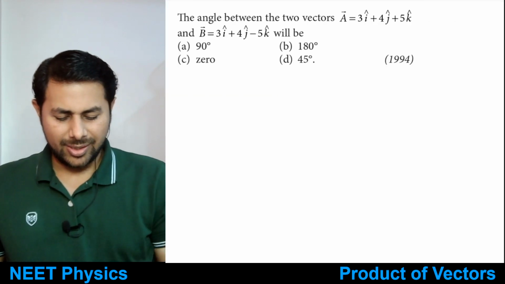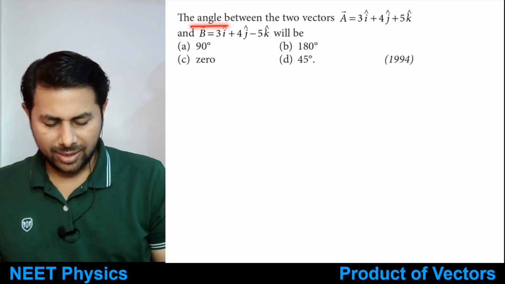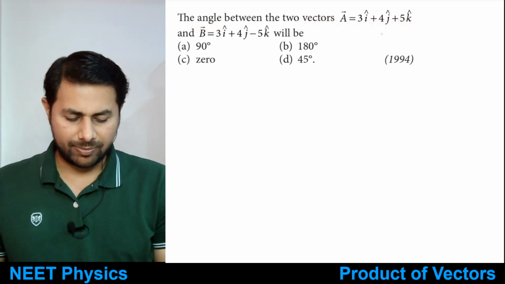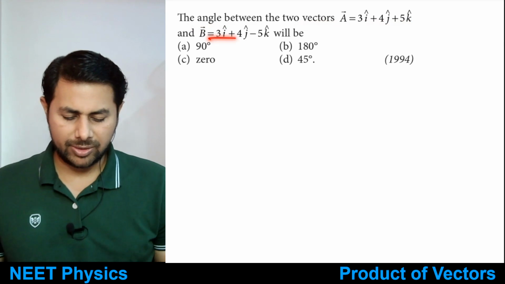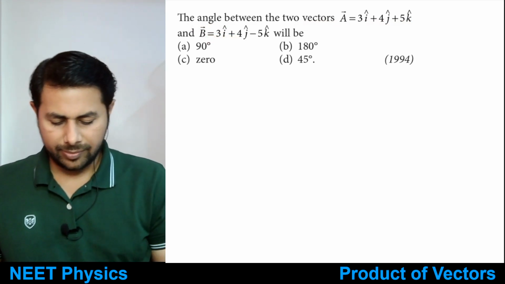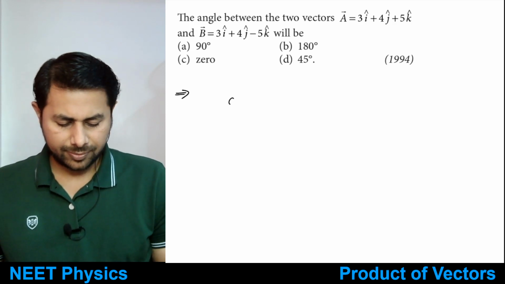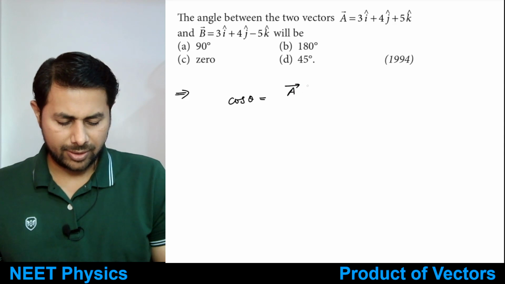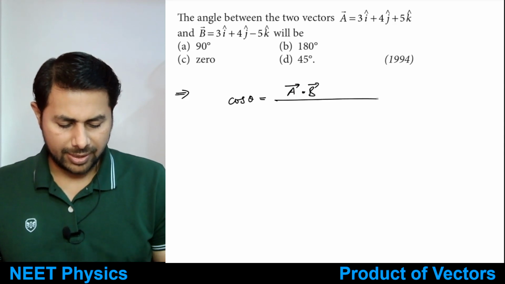Okay, so let's see angle between two vectors. a bar is equal to 3i cap plus 4j cap plus 5k cap and b bar is equal to 3i cap plus 4j cap minus 5k cap. Tell me, cos theta is equal to what? a bar dot b bar divided by ab.